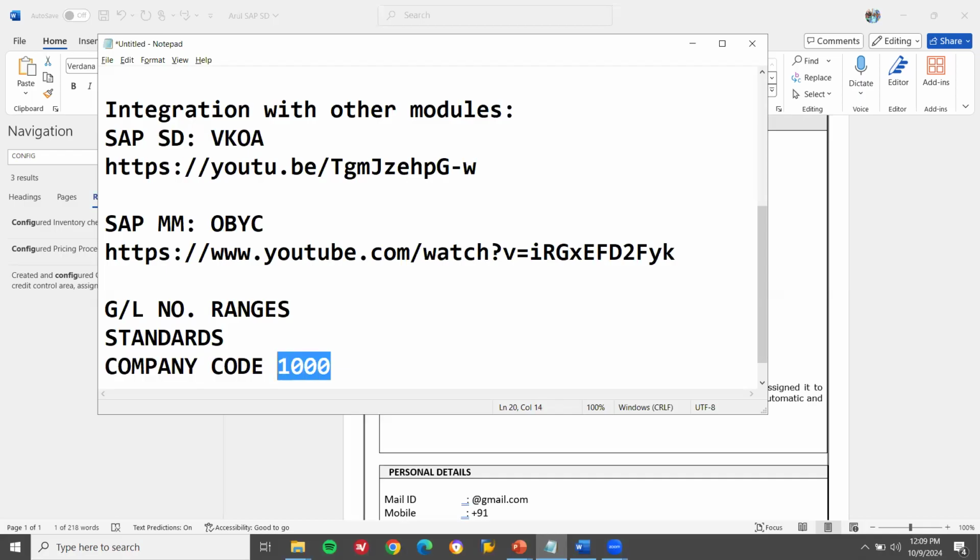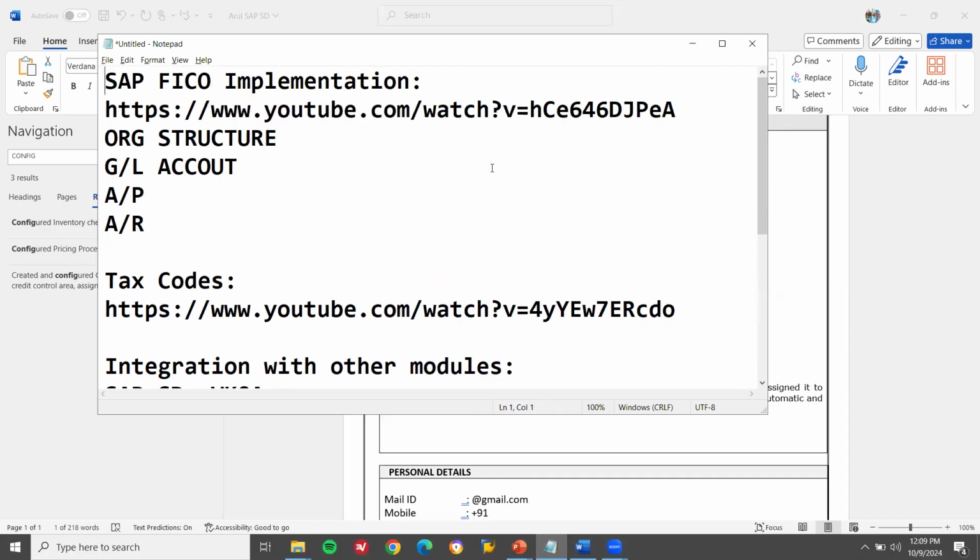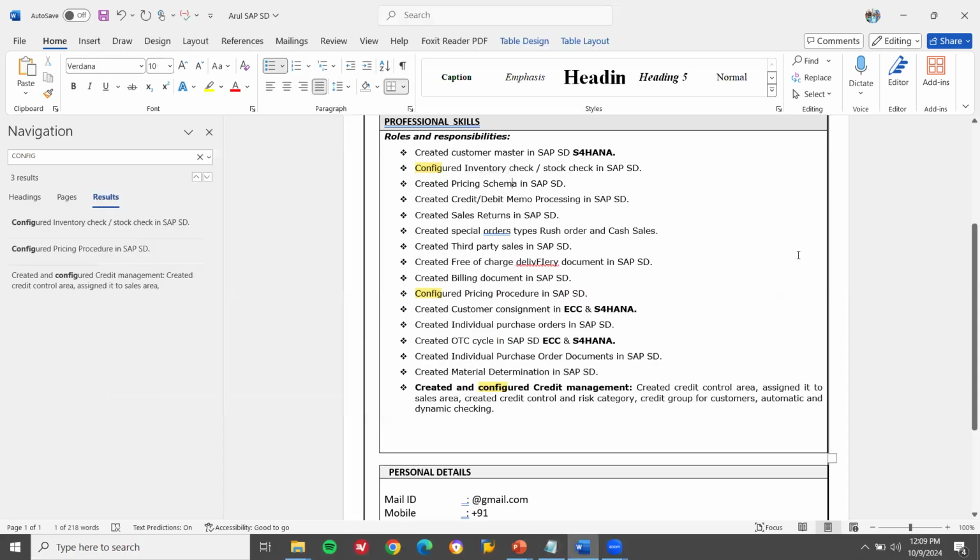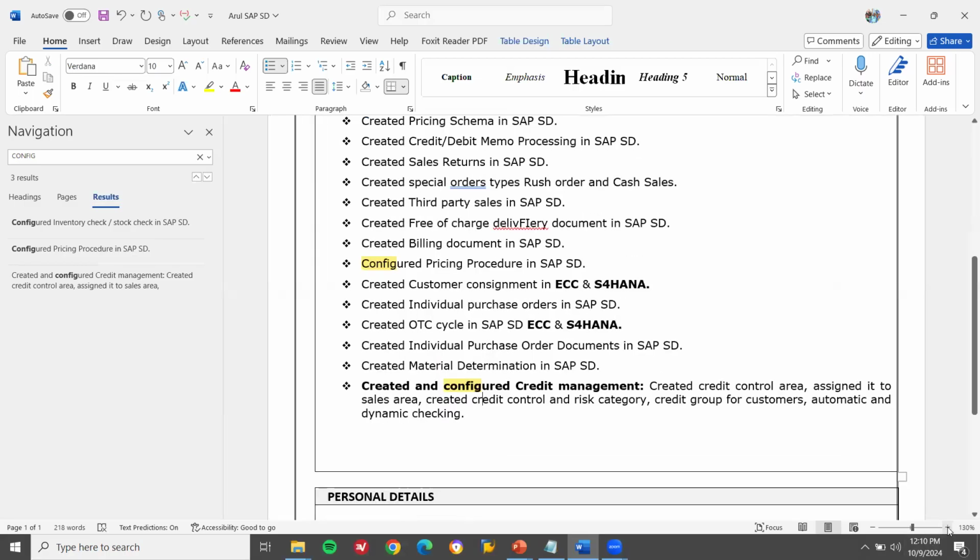They should teach starting from scratch, from the organizational structure, but they wouldn't have. That is the reason there is no configuration pertaining to anything. The word configuration is not there. This is the problem, so this resume has got rejected because of that.